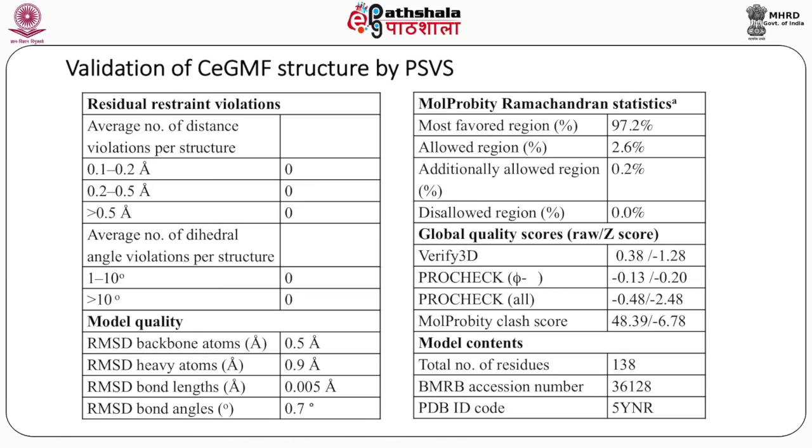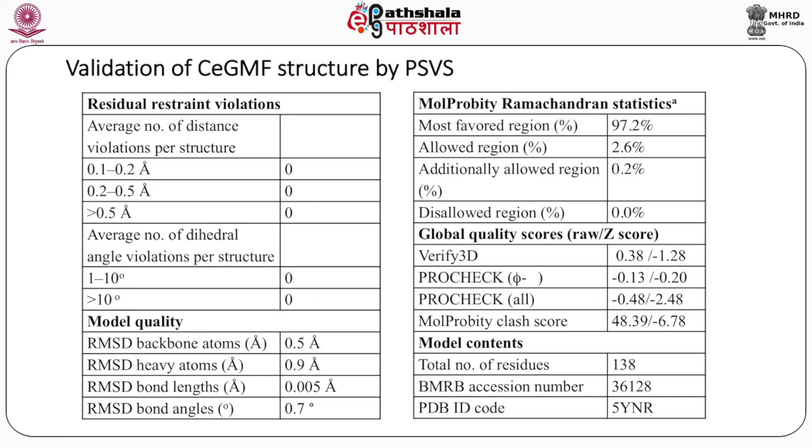Validation of the CEGMF structure by PSVS. You have the residual restraint violations: average number of distance violations per structure in the range of 0.1 to 0.2 angstrom is 0, 0.2 to 0.5 angstrom is 0, and greater than 0.5 angstrom is also 0.